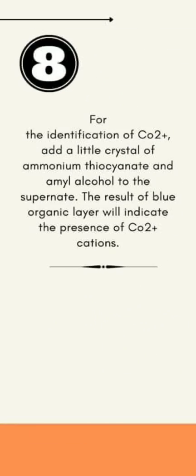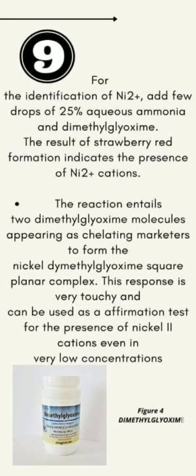Step number 8. For the identification of cobalt cations, add a little crystal of ammonium thiocyanate and amyl alcohol to the supernatant. The result of a blue organic layer will indicate the presence of cobalt cation. Step number 9. For the identification of nickel cations, add a few drops of 25% aqueous ammonia and dimethylglyoxime.